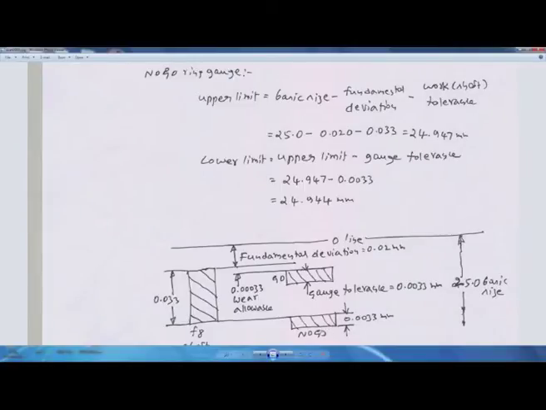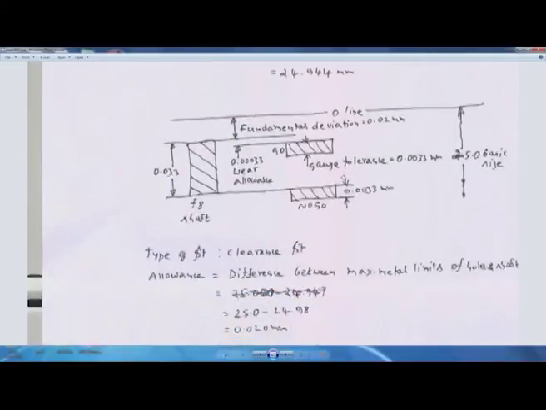We can obtain this by subtracting the gauge tolerance from the upper limit. So the lower limit of the no go ring gauge is equal to upper limit minus gauge tolerance, that is 24.947 millimeter minus 0.0033 millimeter, which is equal to 24.9437 millimeter.